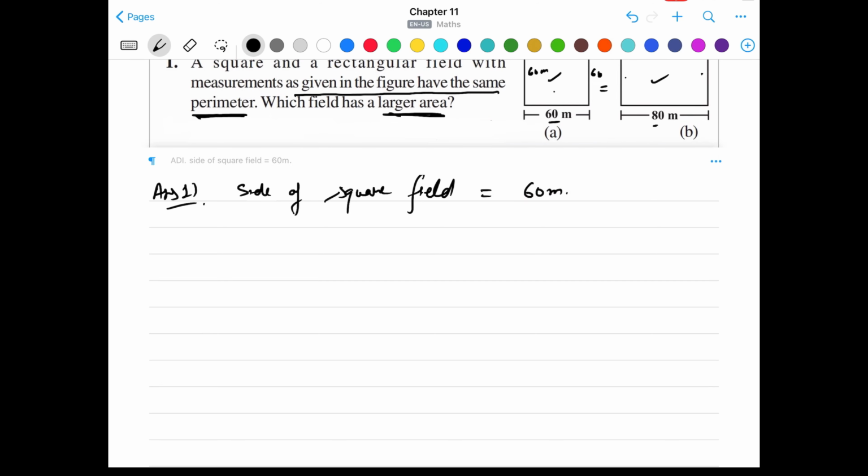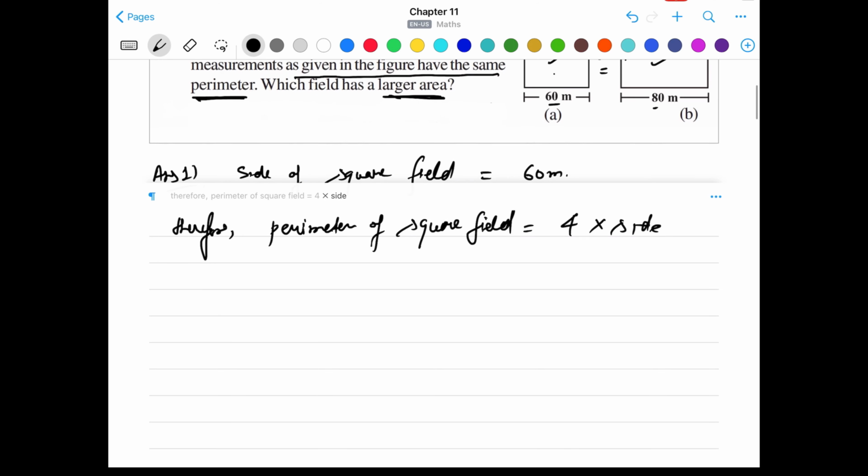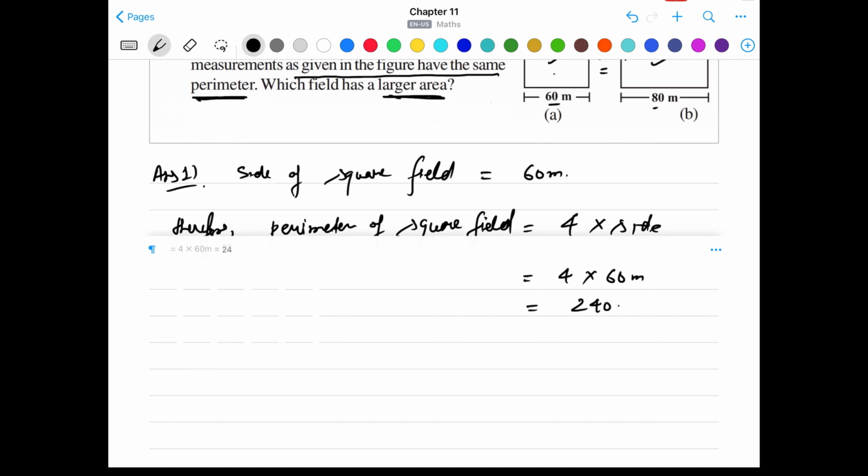Therefore, the perimeter of square field will be equal to, the perimeter of a square is given by 4 into side, that is 4a. So side here is 60, so it will be 4 into 60 meter, that will be equal to 240 meter. So that is the perimeter for the square field.